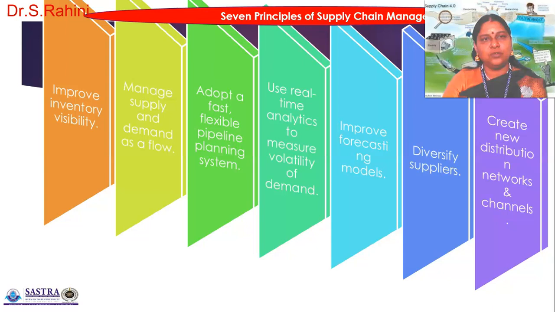And improve inventory visibility. So inventory visibility is more important, especially for the online retailers. What are all the suppliers you are having, and what are all the products that should be properly displayed. Meesho and Myntra, all these people are going on putting, if you are asking for one particular product, they will be giving a variety of suppliers and they will be showing their own pictures of the materials.